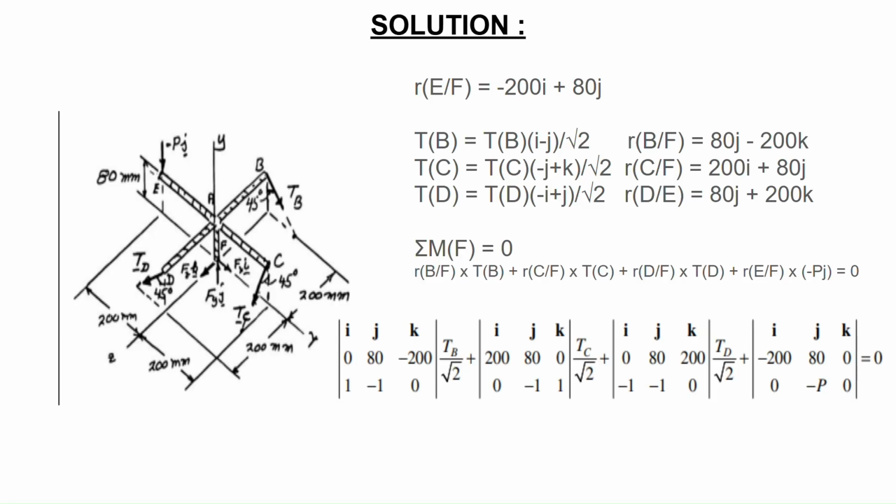Sigma M_F equals 0. R_BF cross T_B plus R_CF cross T_C plus R_DF cross T_D plus R_EF cross (minus P j) equals 0. Then we solve to obtain different equations.